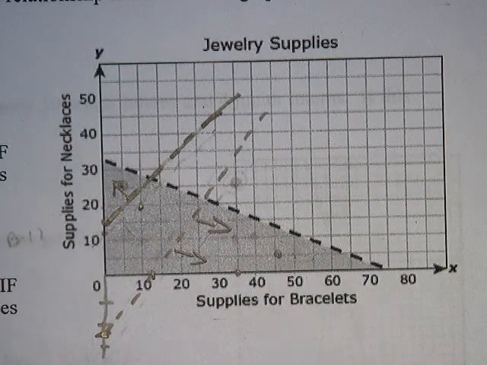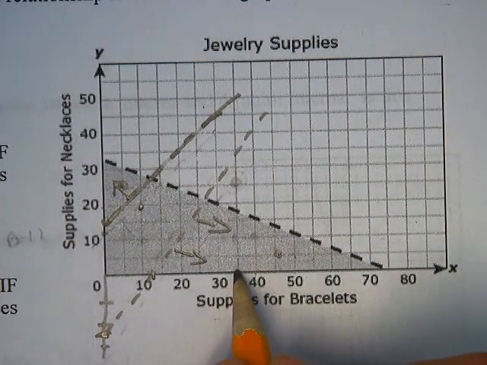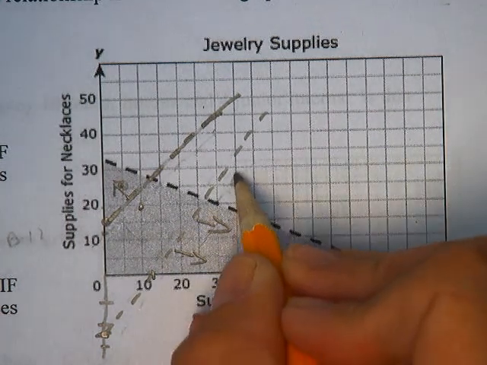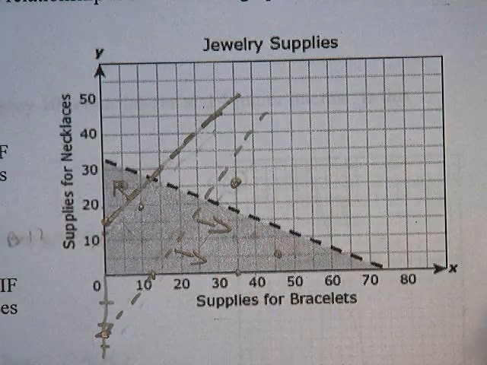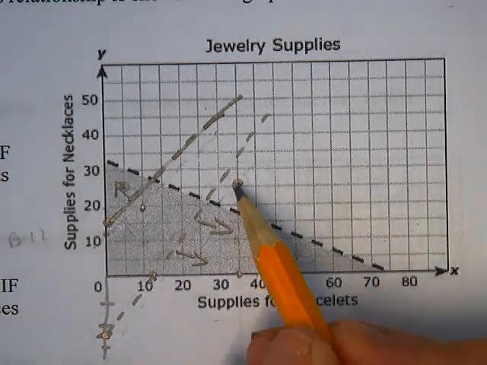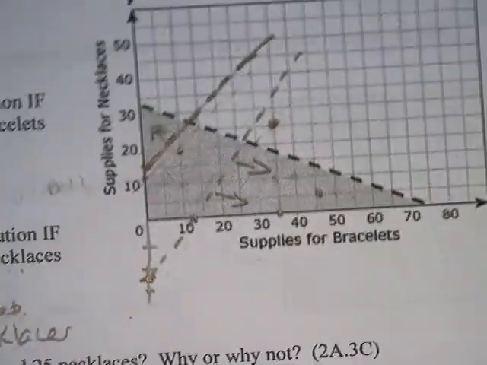Okay, could he make 35 bracelets and 25 necklaces? So we come over here. 35 bracelets and 25 necklaces. No, he cannot. That point is not in our feasible region.